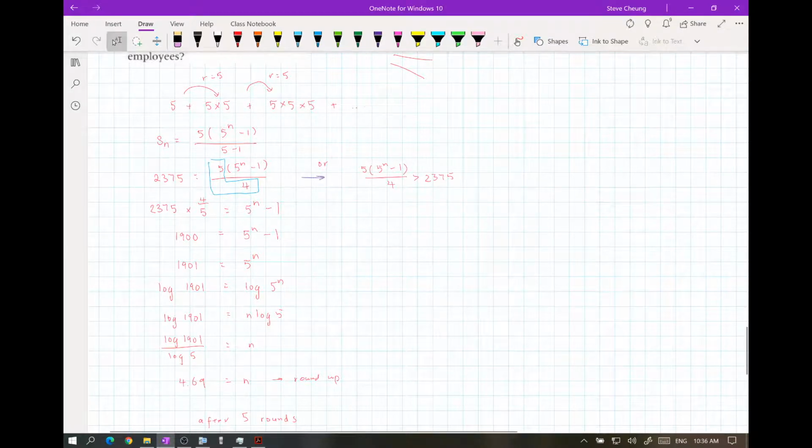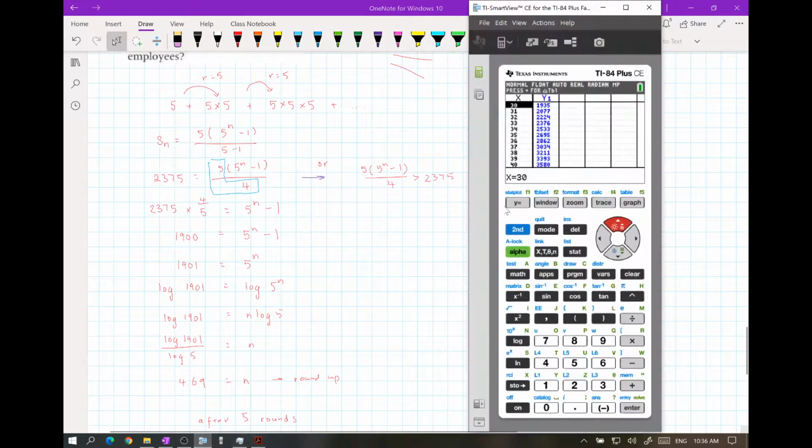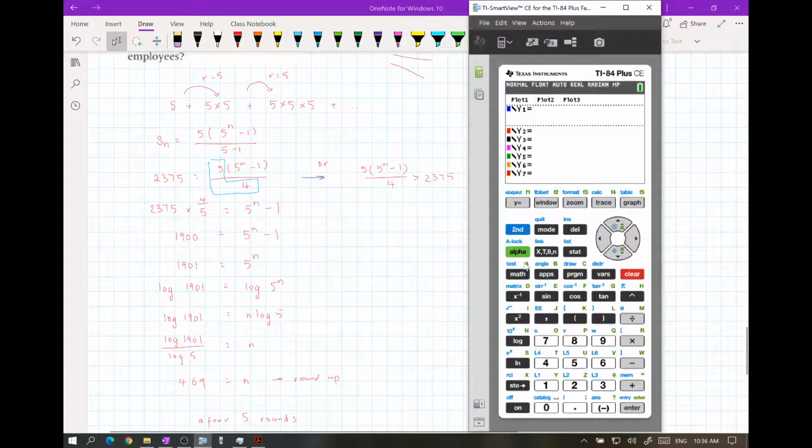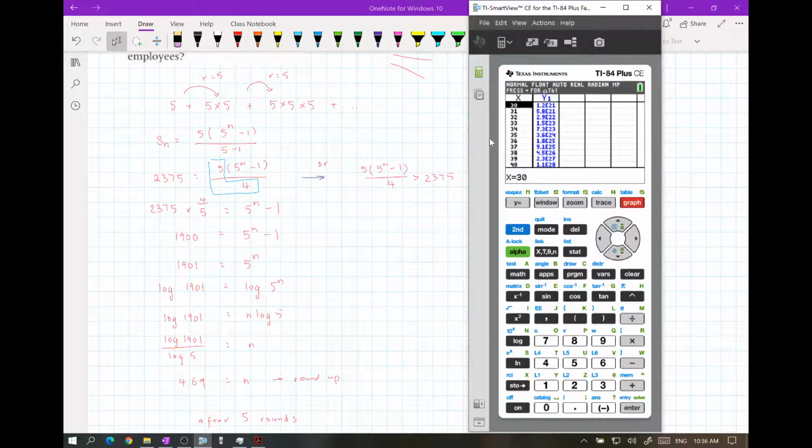And then from the GDC, you have that here. And then going through the table of values, you will see that, let me start at 0.